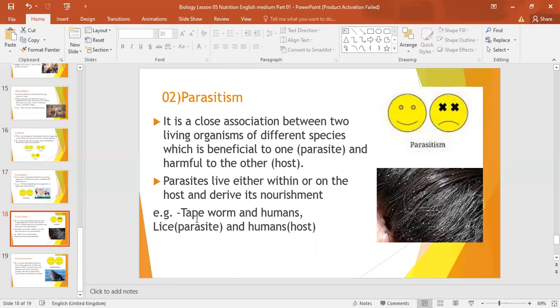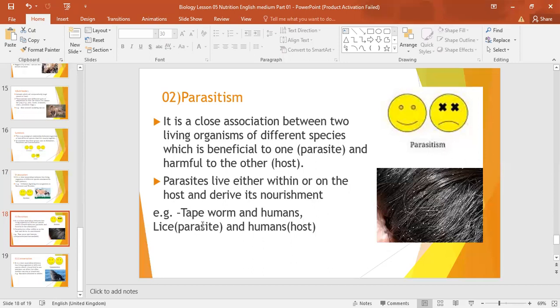The best example is lice and humans. Lice are benefited, humans are harmed. Why? They feed on our blood. No benefits to us, we are the hosts, but lice get nourishment from our blood.